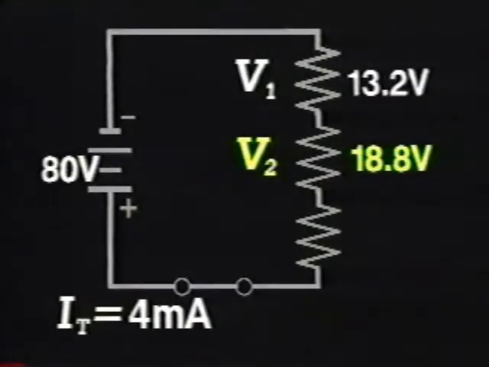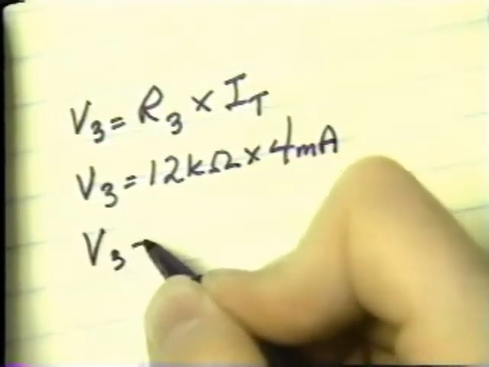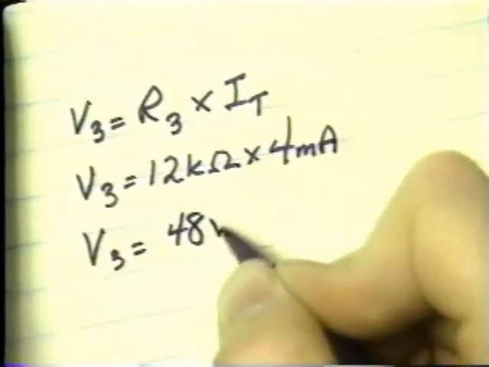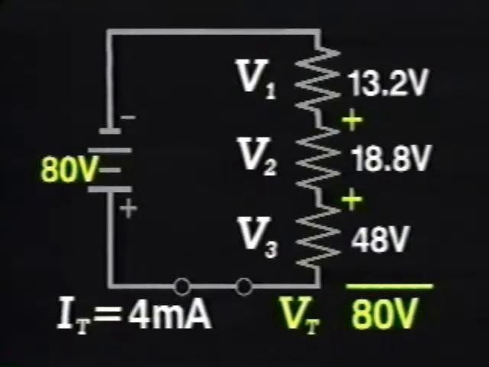Keep track of this value by placing it on the circuit diagram. V3 equals 12 k ohms times 4 milliamps, or 48 volts. Don't forget that the sum of the voltage drops must be the same as the supply voltage in a series circuit.